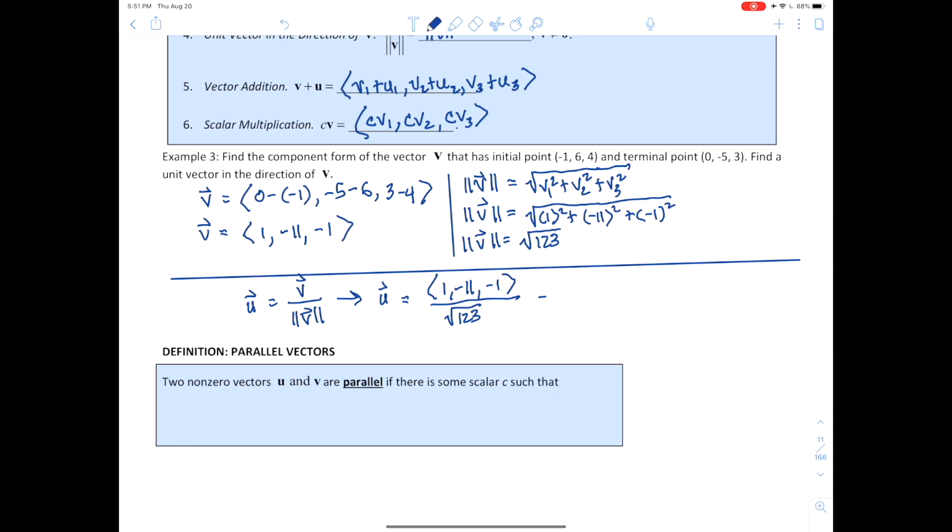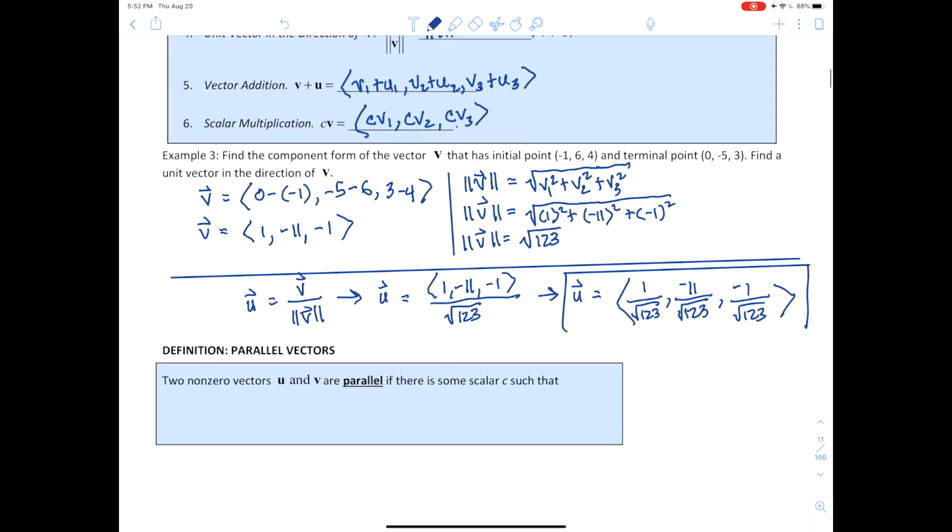And so if we bring that in, u will be equal to the vector 1 over root 123, negative 11 over root 123, and negative 1 over root 123. Cool? So we're all done. Took a few steps, but we did it.